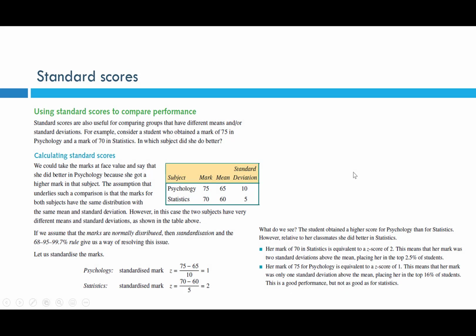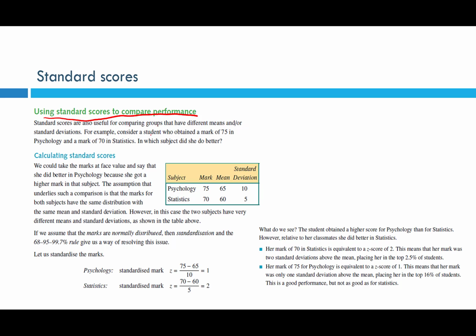Using standard scores to compare performance. This is like when you get a couple of subjects, which one did you do better in based on the average and based on the standard deviation. Again, the way to do this is to use your Z scores. So let's have a look. Standard scores are also useful for comparing groups that have different means and or standard deviations.